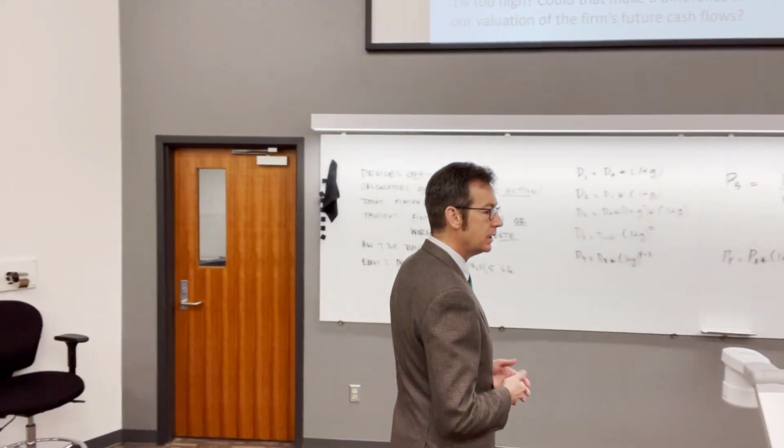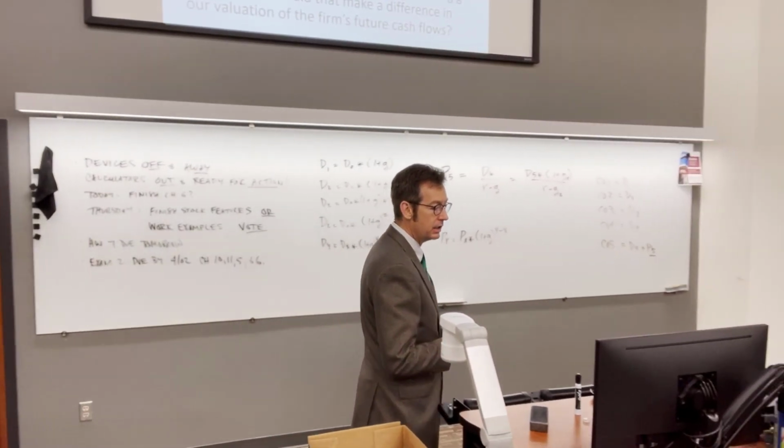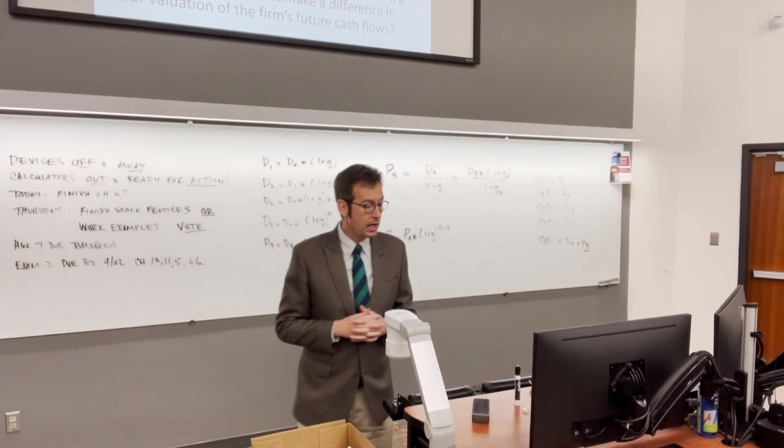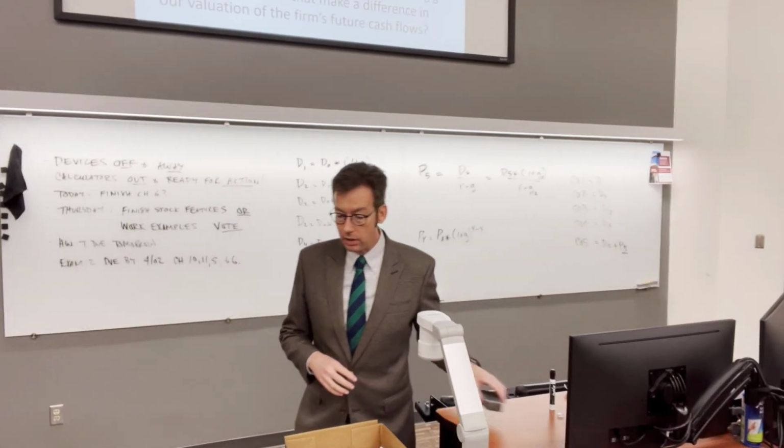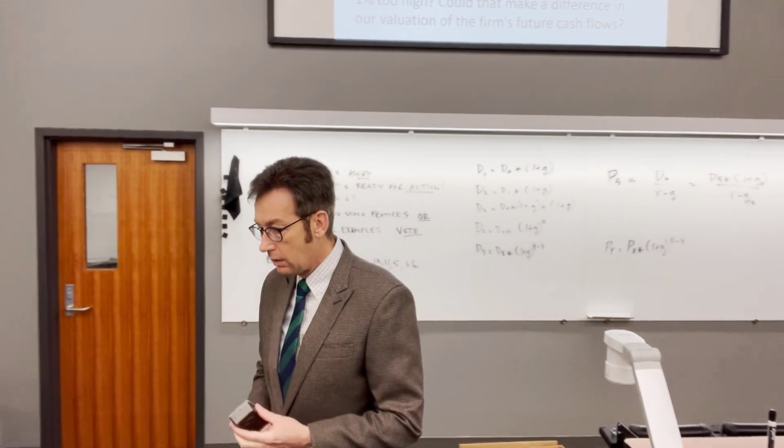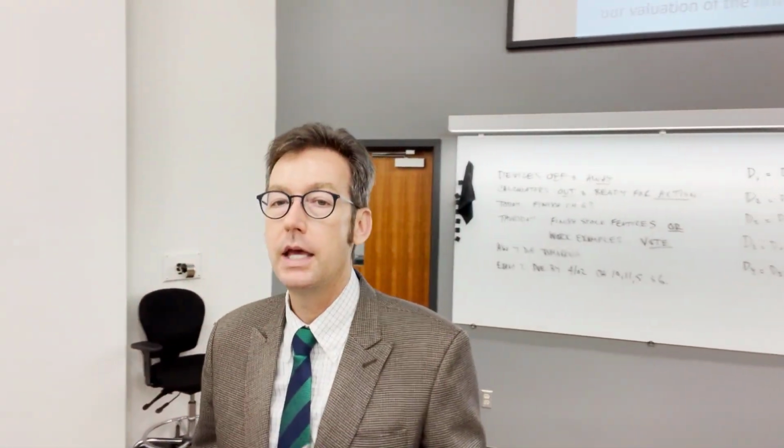Well, let's assume for a minute that we've got a company that is entirely equity and that we are doing our net present value for a project. The rule of thumb is, by the way, net present value is just the sum of all the present values of the expected future cash flows, right?